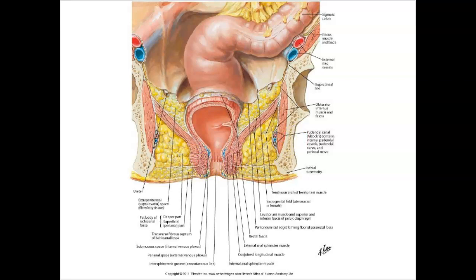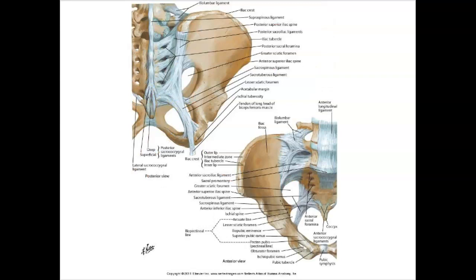Let's see. We find a different area. So remember we talked about the internal pudendal artery, which is actually a branch off the internal iliac artery, but it comes off and it exits that greater sciatic foramen, and then along. Let's see.